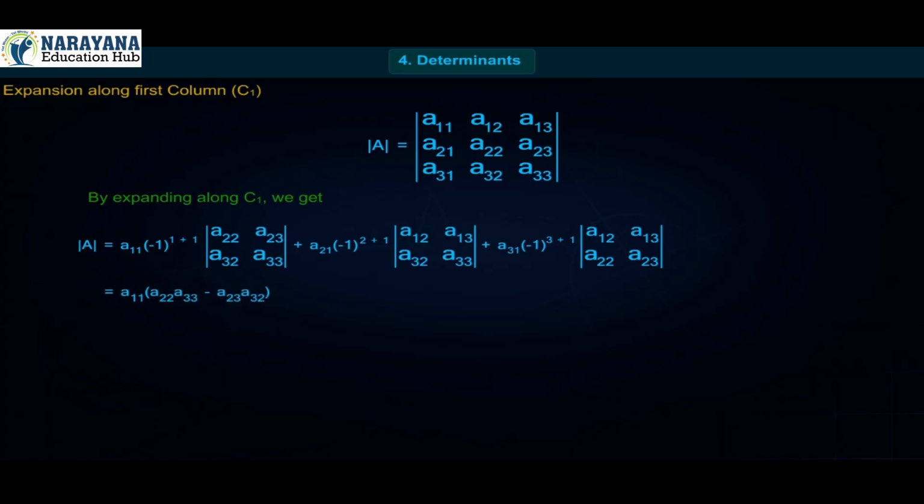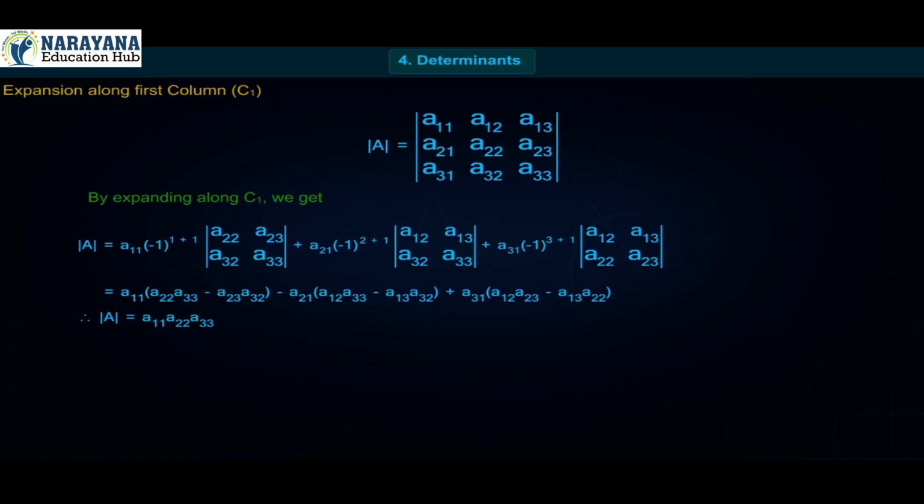equal to A11 into A22, A33 minus A23, A32 minus A21 into A12, A33 minus A13, A32 plus A31 into A12, A23 minus A13, A22.